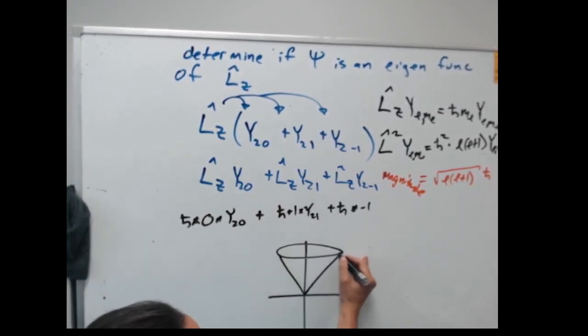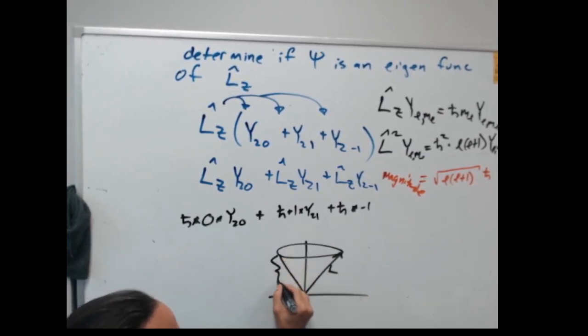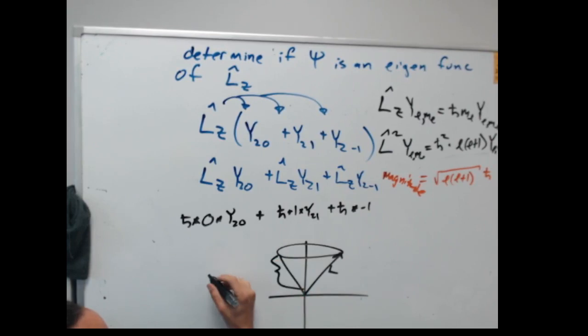This cone represents, that's my L vector. That's my L value. And that length across that edge is going to be the square root of L times L plus 1 h bar. That's what that length is equal to.